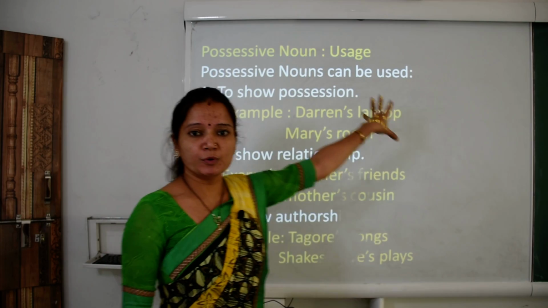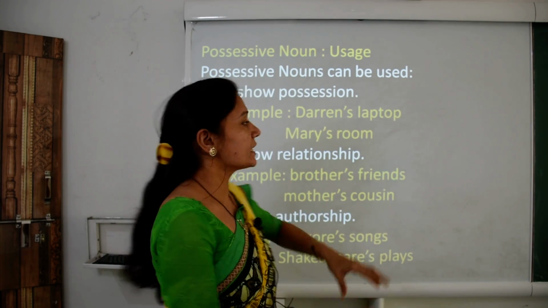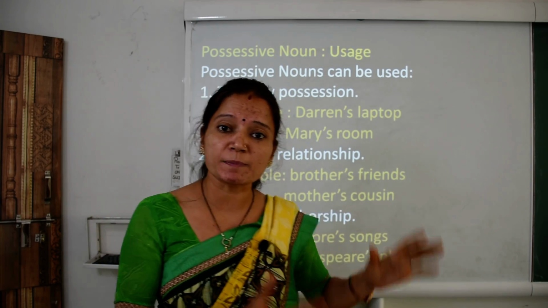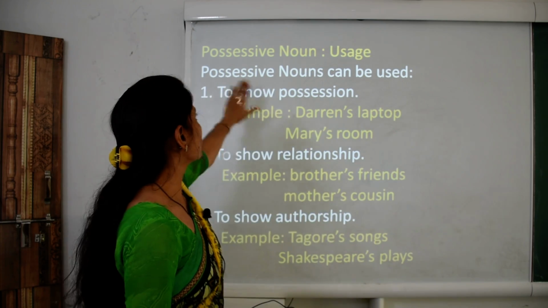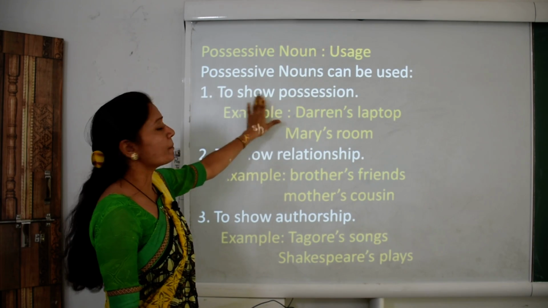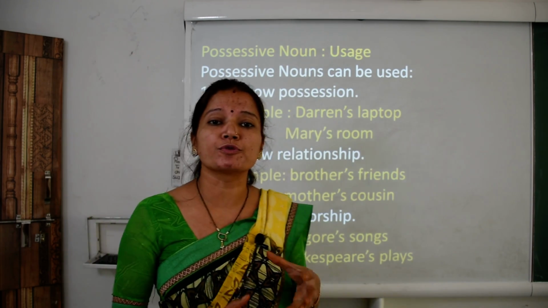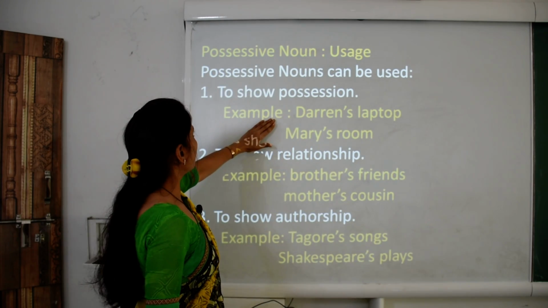Possessive nouns uses. Okay. So where we use possessive nouns? There are 6 places where possessive nouns can be used. So let's see. Possessive nouns can be used first to show possession. Okay, if you want to show the ownership, we can use possessive nouns.